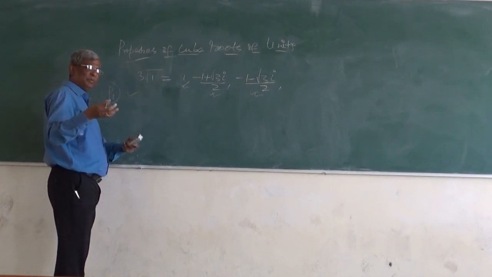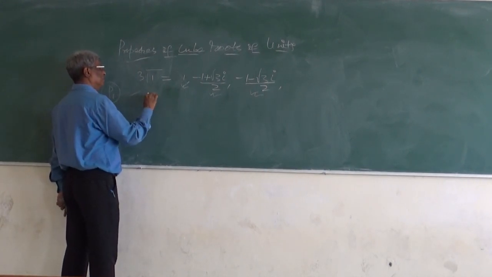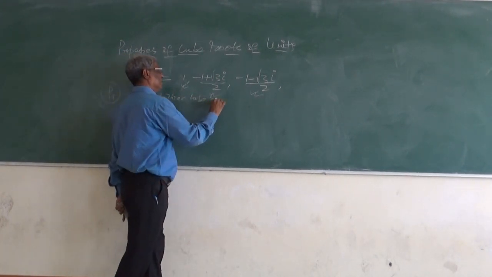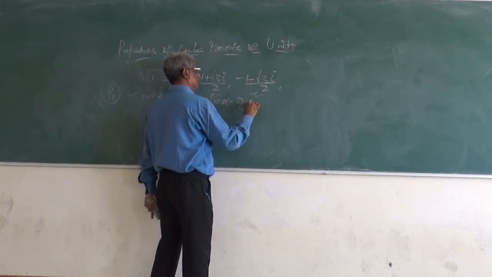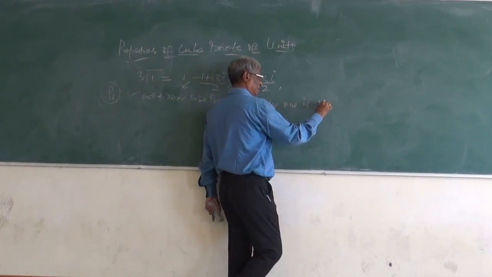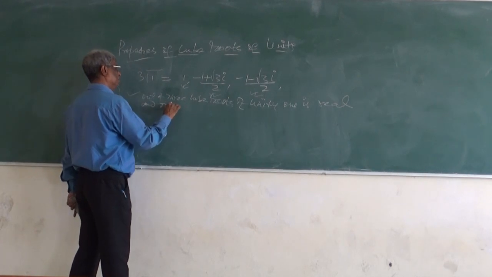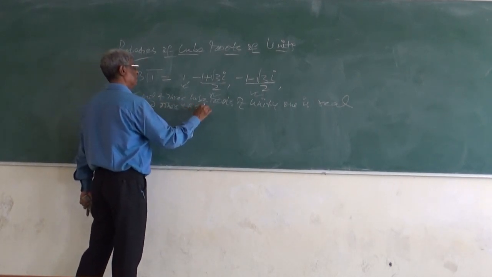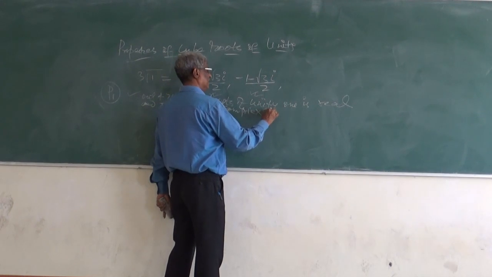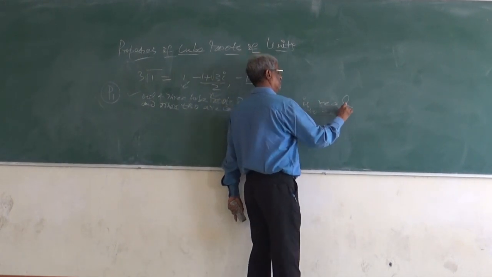If you want to write, then you can write: out of 3 cube roots of unity, one is real and other 2 are complex conjugate to each other.